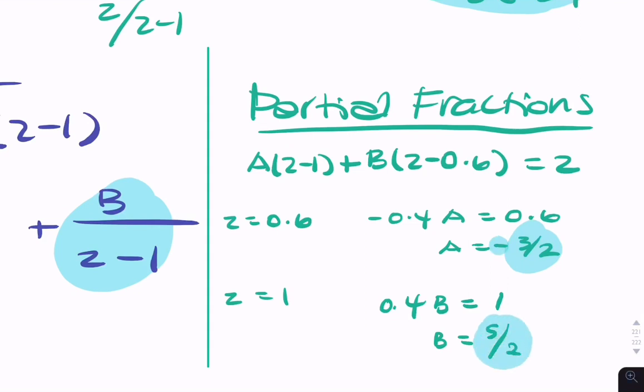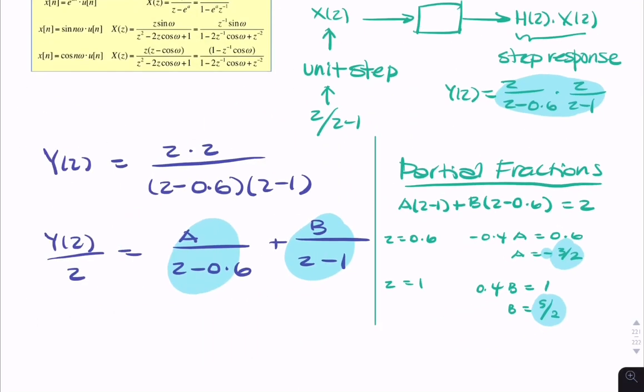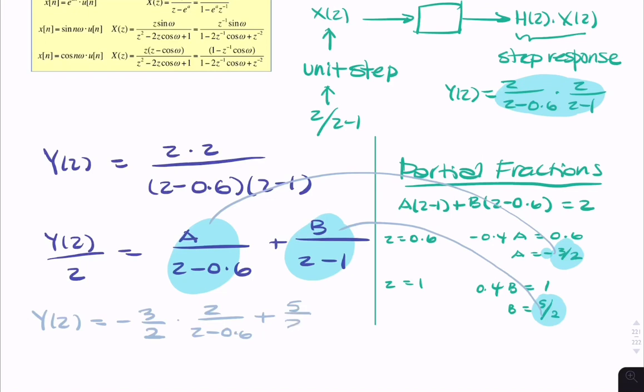We can substitute these back into this expression here. Y(z) equals minus 3/2 z over z minus 0.6 plus 5/2 z over z minus 1. Notice I multiplied by z again to get these z's up there.